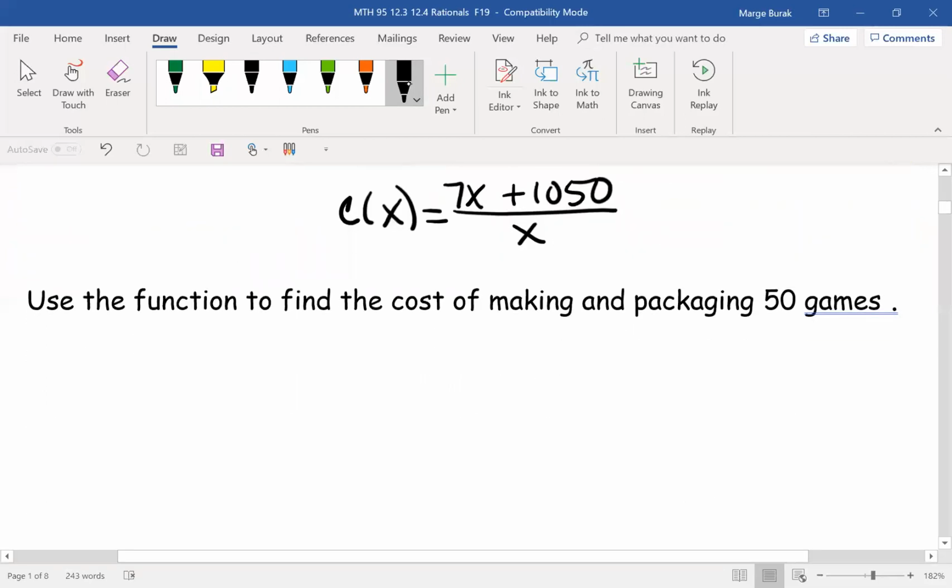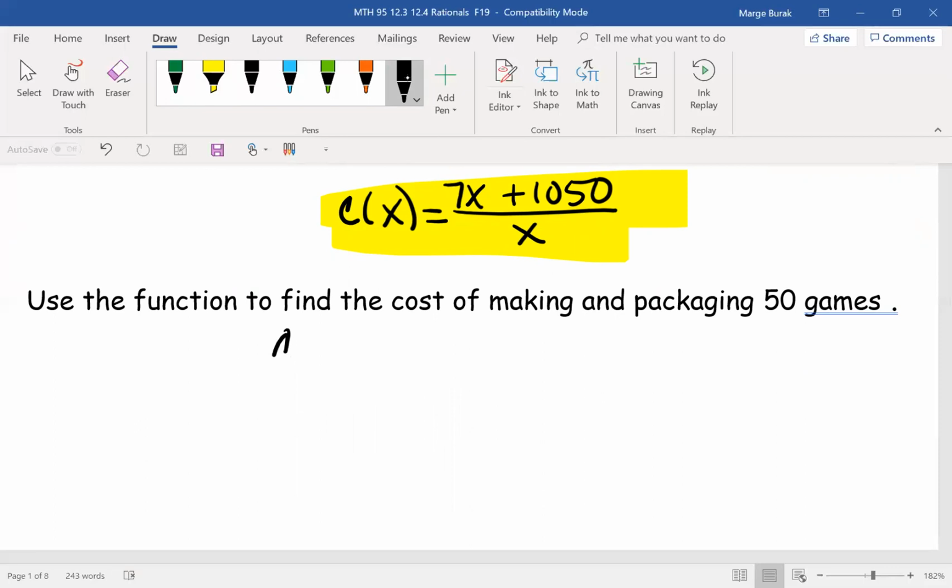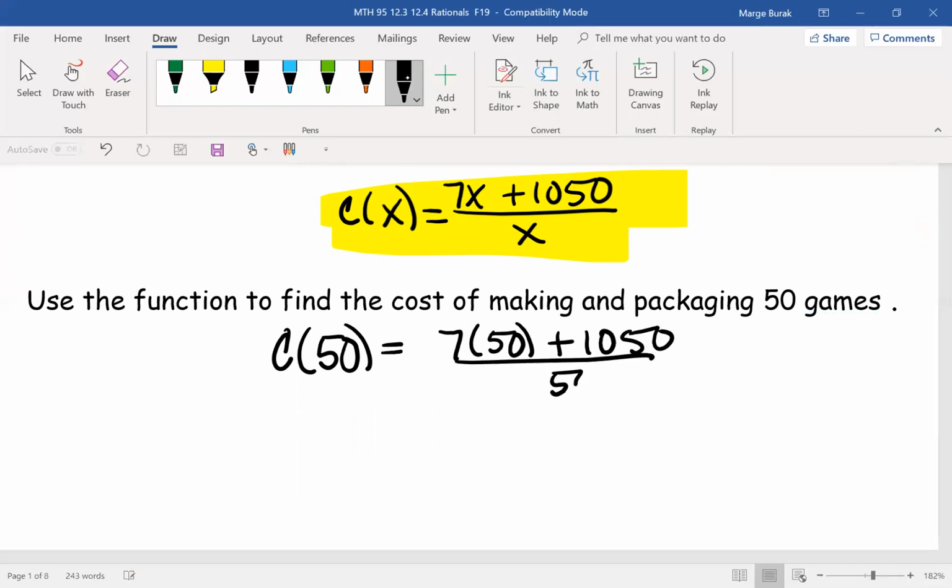And it says, okay, let's use your function. This is my total cost. Let's use your function to find the cost of making and packaging 50 games. Okay, so they're asking for C of 50. So of course I just plug 50 in where the x's are.